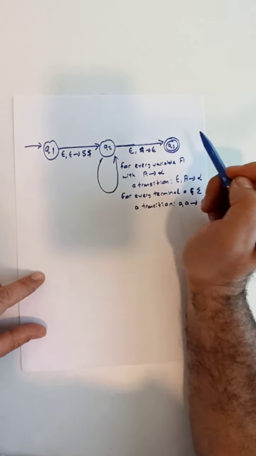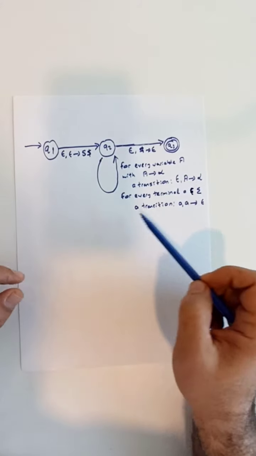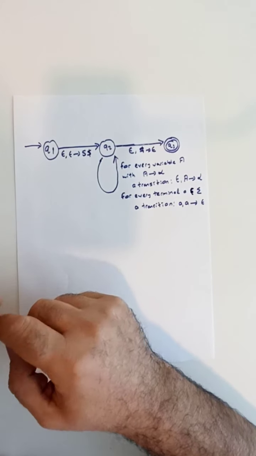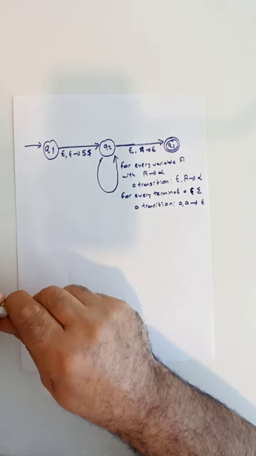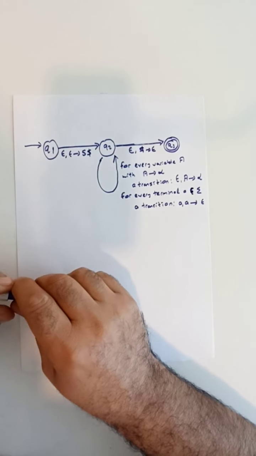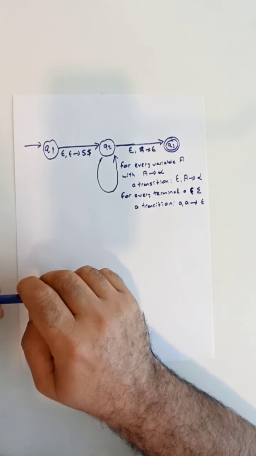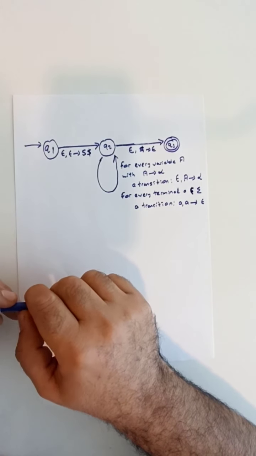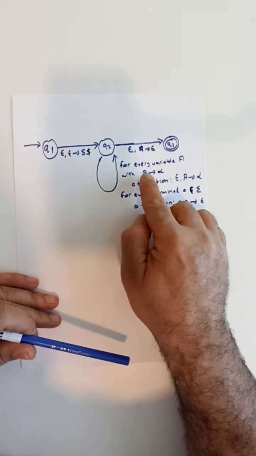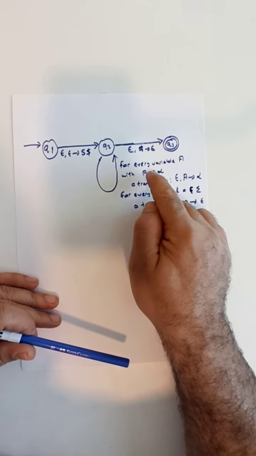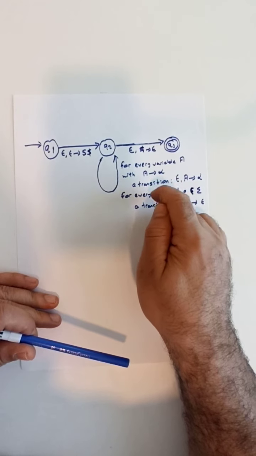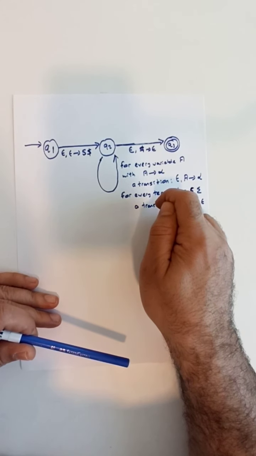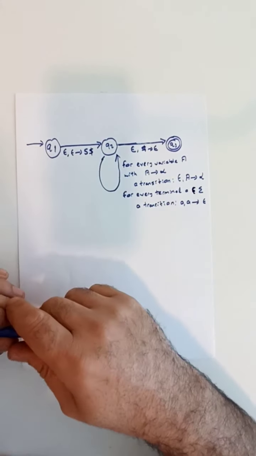Let's call it Q3. Now, this will be the general format of every PDA that simulates a given context-free grammar. What will change from one CFG to another is the set of transitions corresponding to the rules in our given context-free grammar.